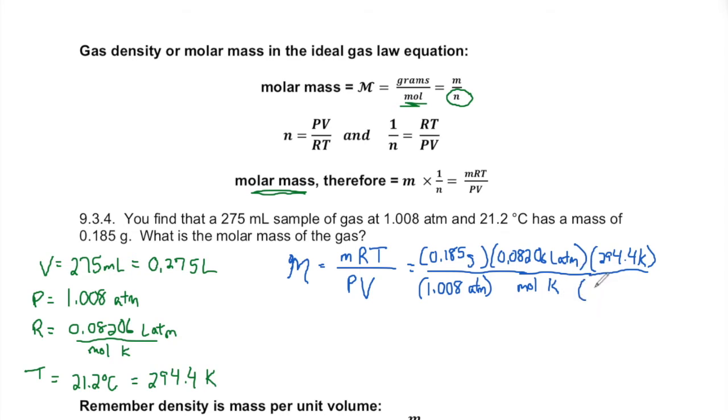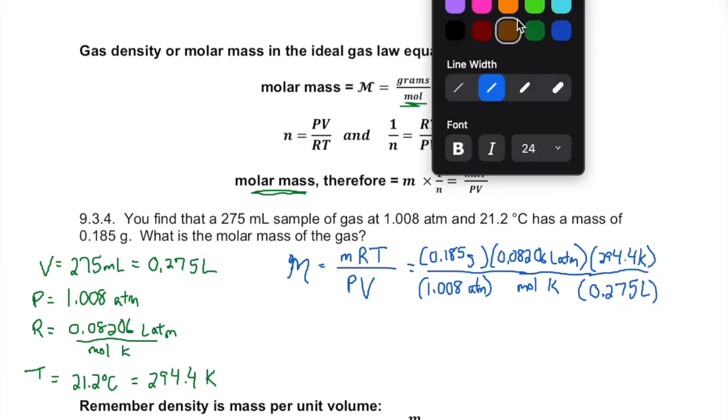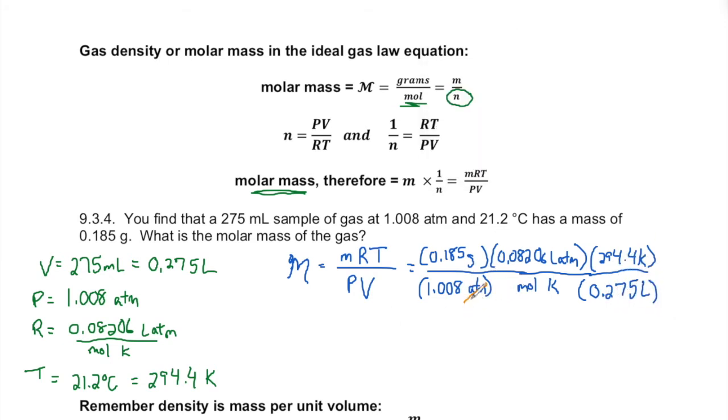And for our volume, we have 0.275 liters. So the atmospheres are going to cancel, the liters are going to cancel, the Kelvins are going to cancel, and we're going to be left with grams per mole, which is the molar mass. And this ends up being 16.1 grams per mole.